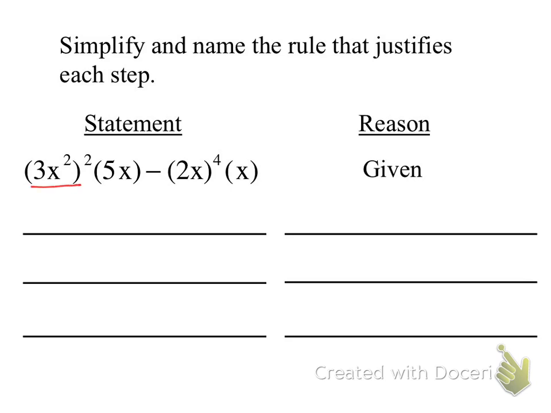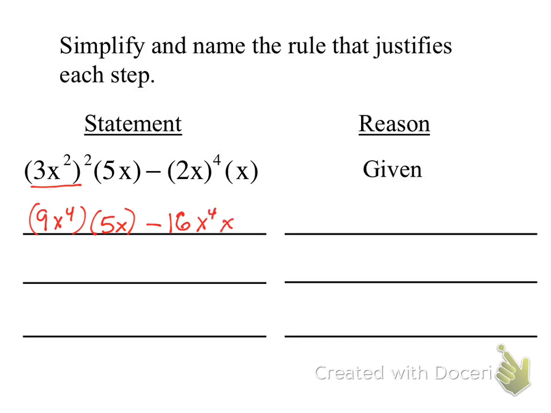So what would that simplify to? 9x to the 4th times 5x to the minus, well, minus what? Let's do our power to power. Minus 6. 2 to the 4th would be 16. x to the 4th times x, right.